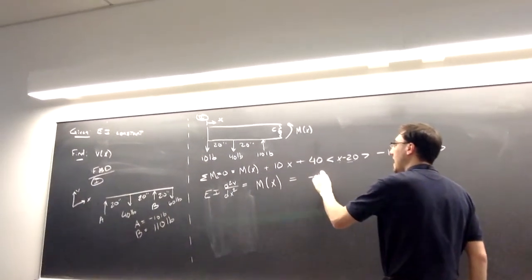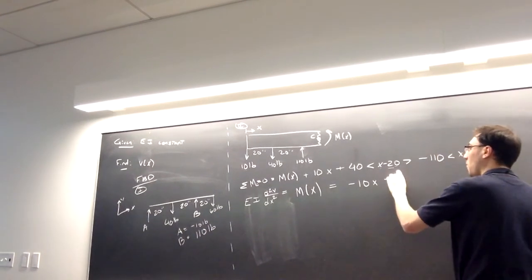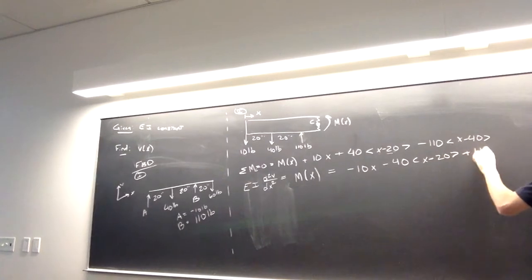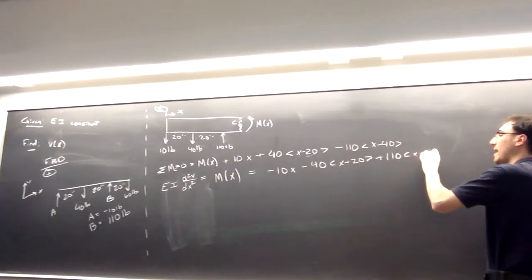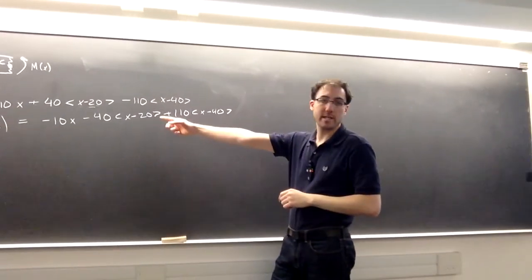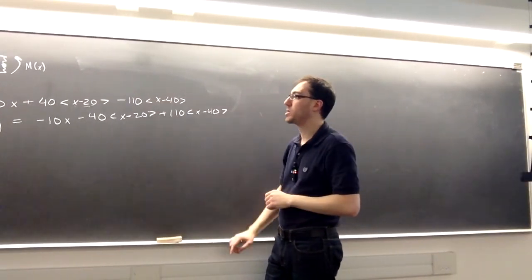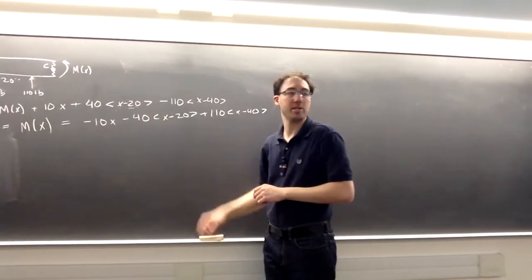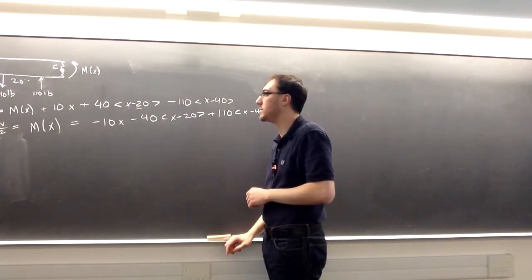So this would be negative 10x minus 40 bracket x minus 20 plus 110 bracket x minus 40. Don't jump right to this step. Always start with the moment around the point equaling 0, then shift it over so that you can solve for what that internal moment is.